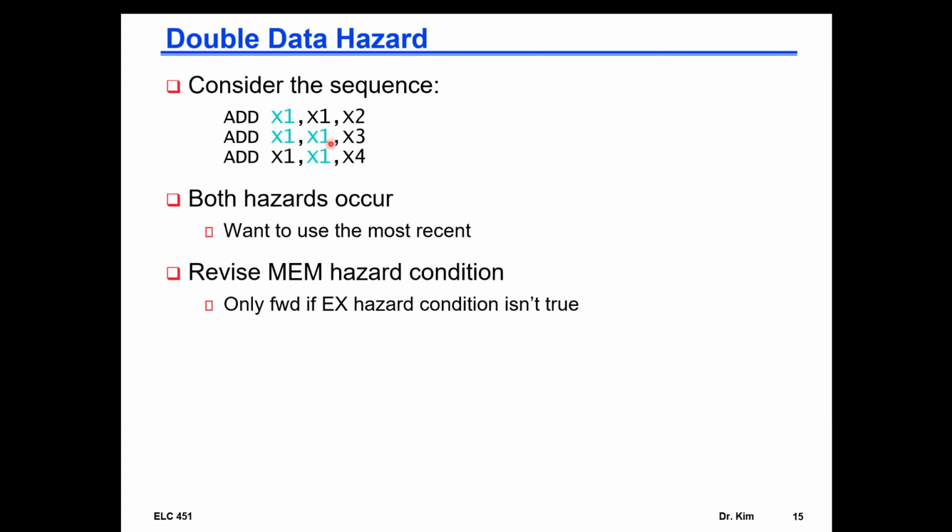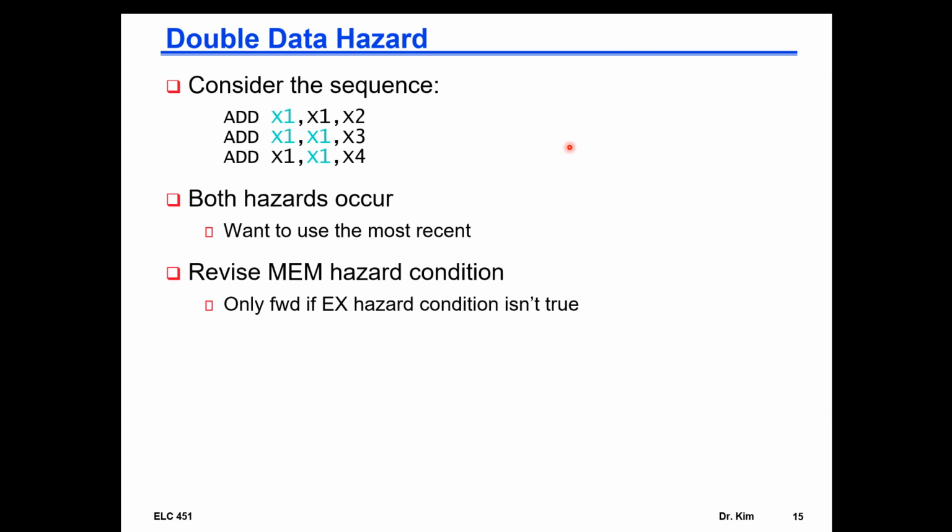Now we have another hazard here, followed by another hazard, because now register 1 is being used again as a source. So in this case, you can see that there is no need for this result to ever make it to the register file, because it's going to get overwritten anyways by another operation that uses it. So we want to be able to pick up the most recent one.